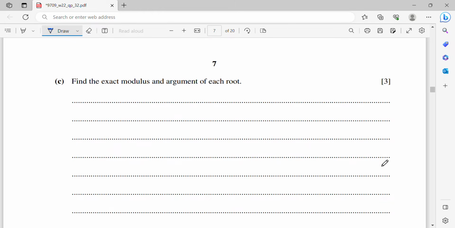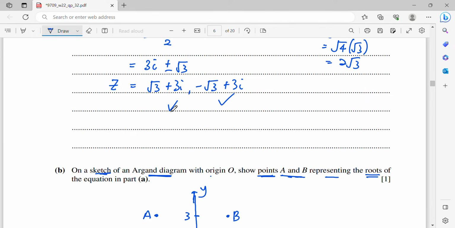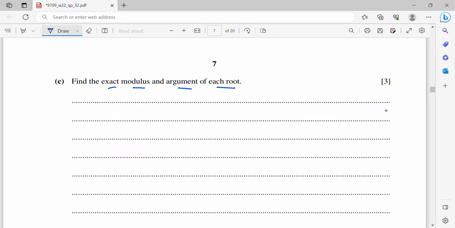Okay, so now part C, find the exact modulus and argument for each root. Your roots are root 3 plus 3i and minus root 3 plus 3i. Now the modulus of root 3 plus 3i will be the square root of square root 3 squared plus 3 squared.